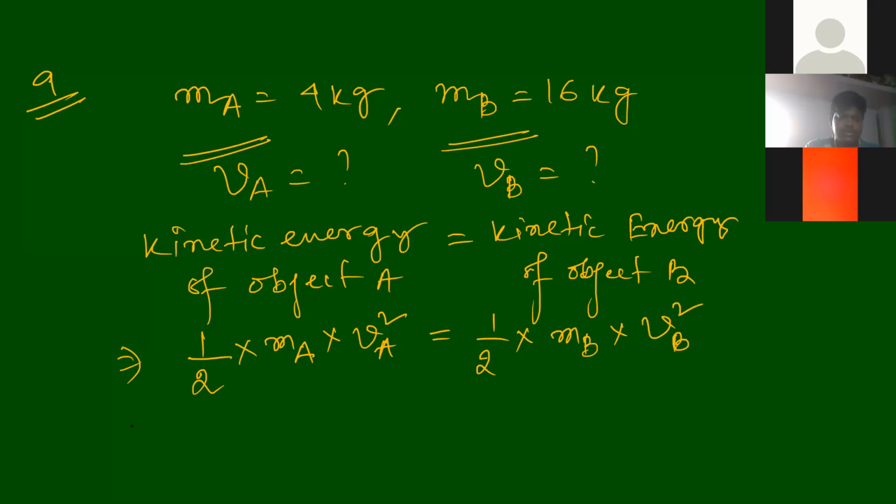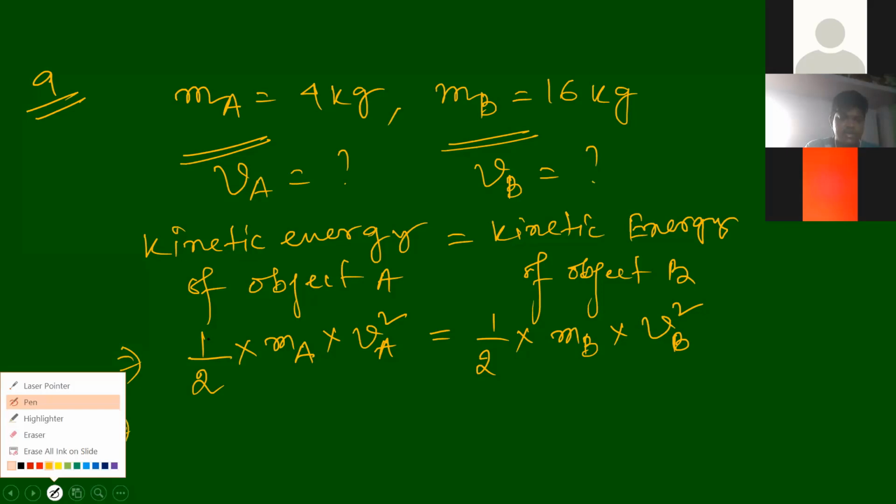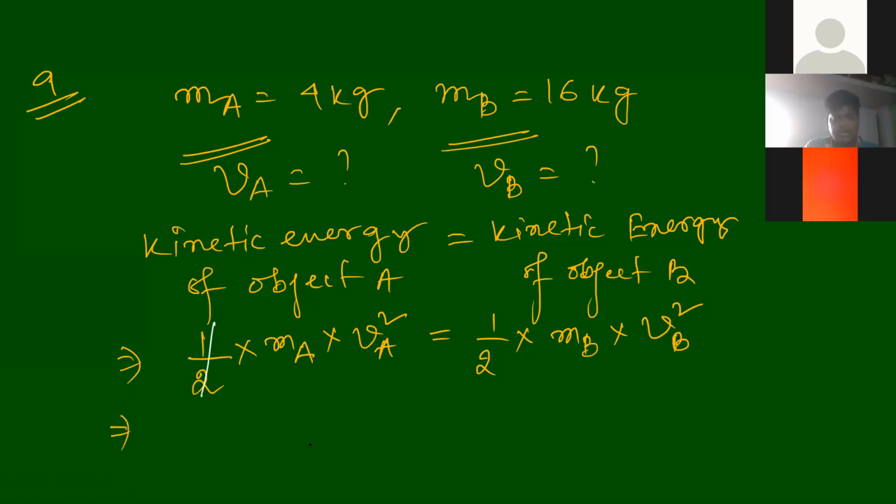So the half will get cancelled out on both sides, right? And the mass of A is given here. Mass of A is 4 kg multiplied by V of A square equals mass of B, which is 16 kg, multiplied by V of B square.